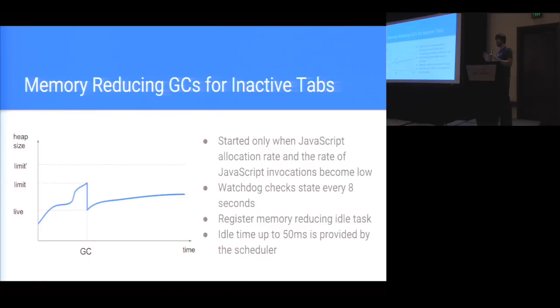It turned out on the scheduling side, 50 milliseconds is kind of good enough. If you go away for 50 milliseconds and input events are coming in exactly that time, it will work out fine from a user experience point of view. And with 50 milliseconds of idle time, we can do quite some incremental marking work to finish a memory-reducing garbage collection operation fast.